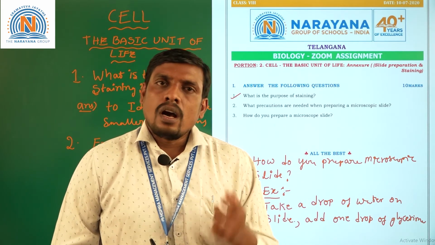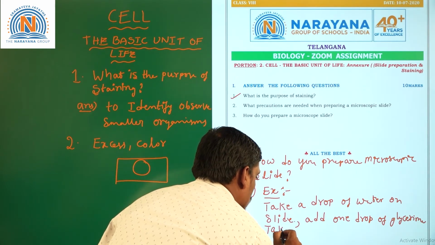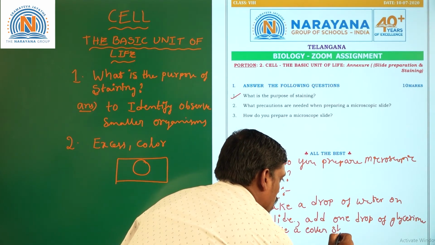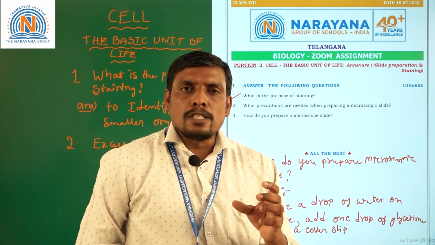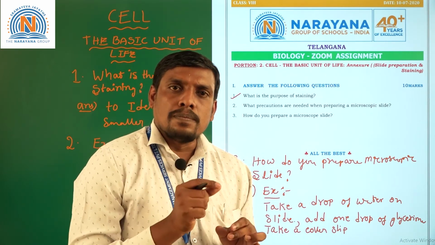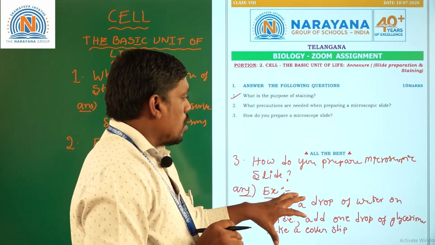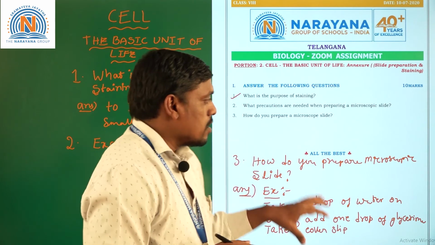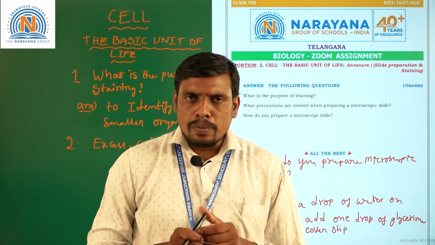After adding color, finally take a cover slip and place it on the specimen with the help of a needle without air bubbles. In this way, a proper microscopic slide can be prepared. These are the steps commonly seen in the preparation of a microscopic slide.